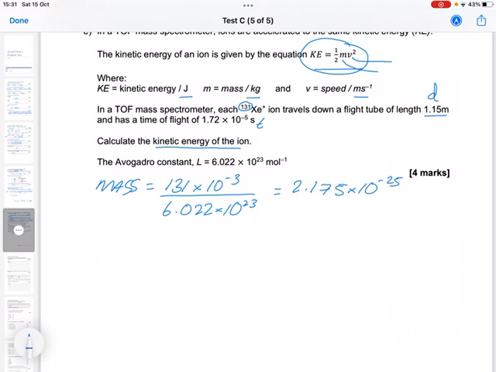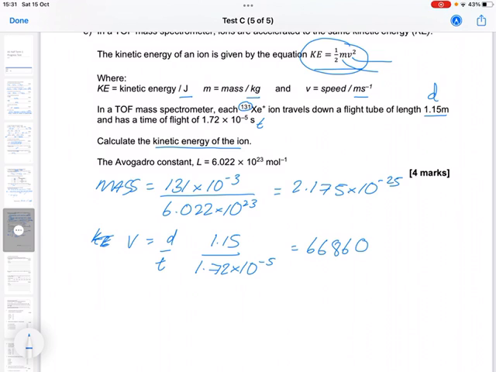The kinetic energy, actually I need the velocity first. So velocity is the distance divided by time, so that's 1.15 divided by 1.72 times 10 to the minus 5, which equals 66860.